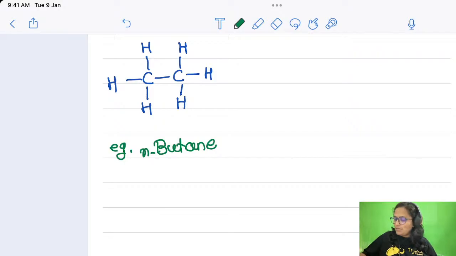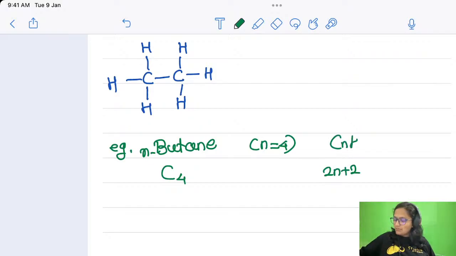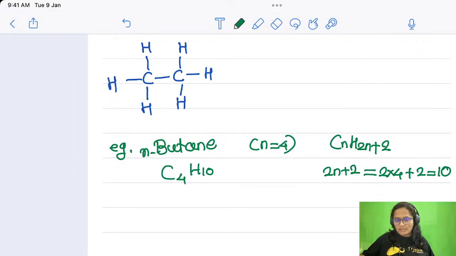The molecular formula for butane: but stands for a 4 carbon compound, so n is equal to 4. It is also an alkane, CnH2n+2. So 2 into 4 plus 2 is equal to 10. So C4H10 is the molecular formula of butane.